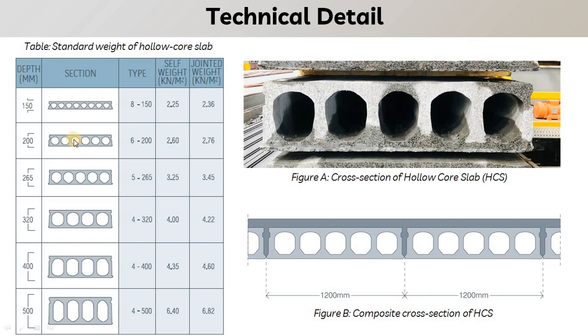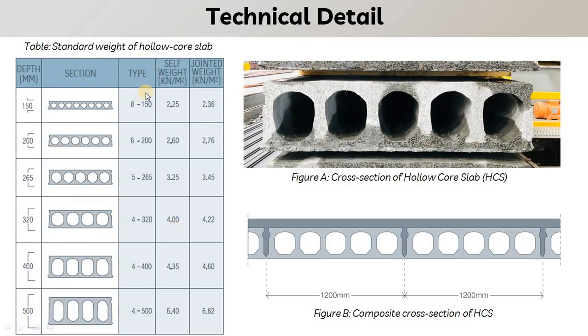Depending upon the machine type, the thickness of the hollow core slab varies. There is also a 120 mm thick hollow core slab available. Even we have a 100 mm hollow core slab. Even we have a 75 mm hollow core slab. But in that case, the machine type varies. So this is the standard product starting from 150 mm or 120 mm to 500 mm thick hollow core slab.